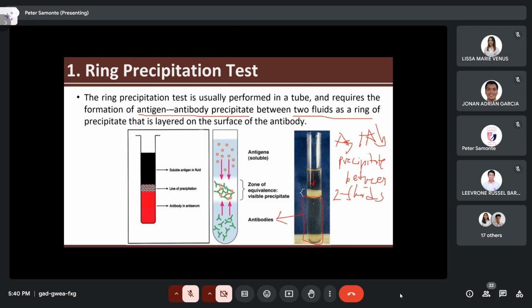Similarly, class, your antibodies would also be attracted by the antigens. Therefore, since both of them are attracted together, they would meet halfway in the middle, forming a zone of equivalence or a visible precipitate at the middle. That is why it is called the ring precipitation test. So do take note of that, class. There's a zone of equivalence or a visible precipitate at the middle.